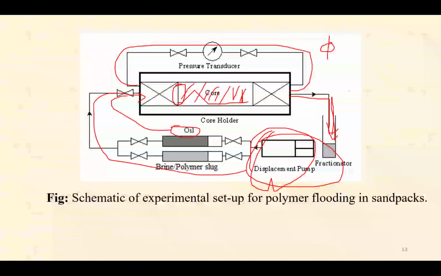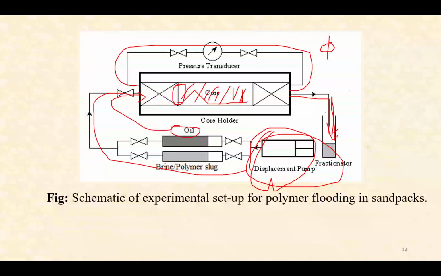then after some time you'll get both crude oil and water coming out. Then slowly the amount of crude oil at the outlet will be increasing and the water will be decreasing. At some point you'll find that only crude oil is coming out, no water is coming out.